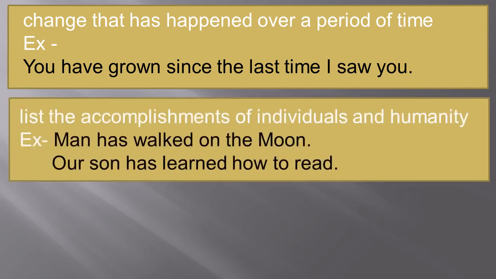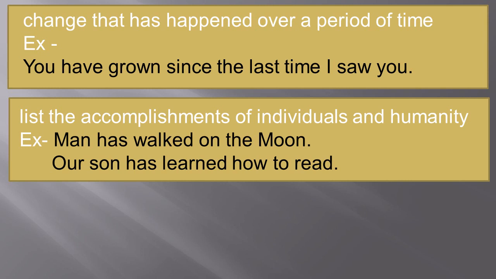Then another use, to list the accomplishments, achievements of individuals and humanity. For example, man has walked on the moon. Our son has learned how to read. So, in such cases, when we are listing the accomplishments of any individual or humanity, then we will be using present perfect tense.